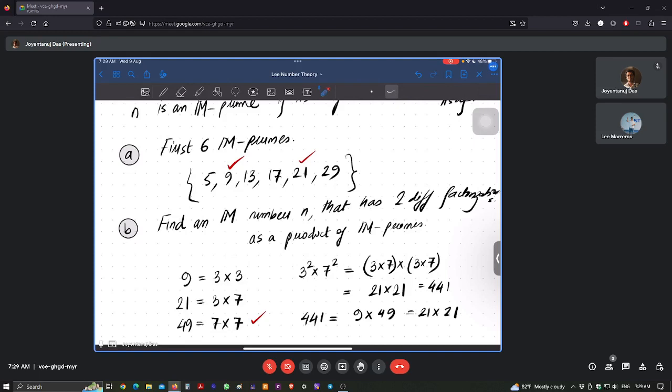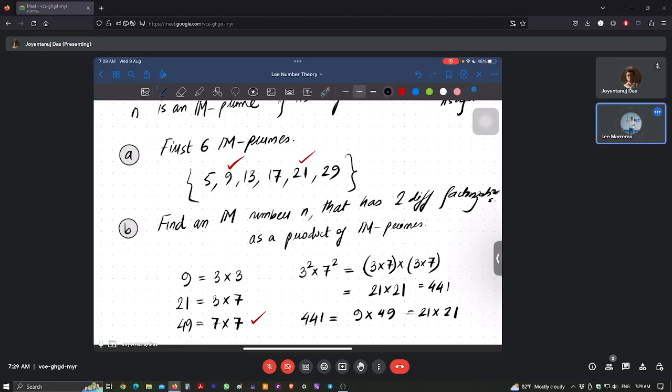So you're also saying that we can derive the m numbers by using 3 and 7. Tell again. We can get the m numbers from 3 and 7.